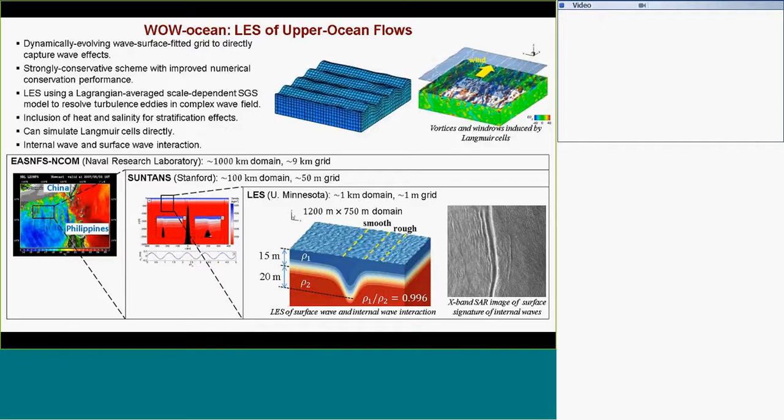What is interesting is that due to their dynamic interaction, here we can see in this part the water surface becomes much rougher, and behind it, it becomes much smoother. This exactly corresponds to what people observed from satellites. Using satellite imaging, already in the 70s people found that over this internal wave there is one zone that is very bright, and behind it something very dark.